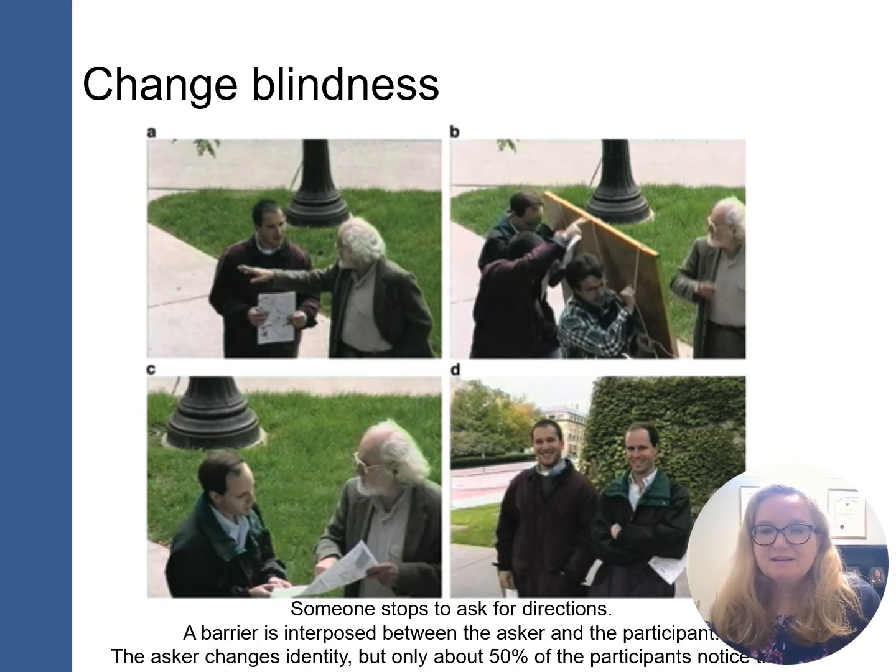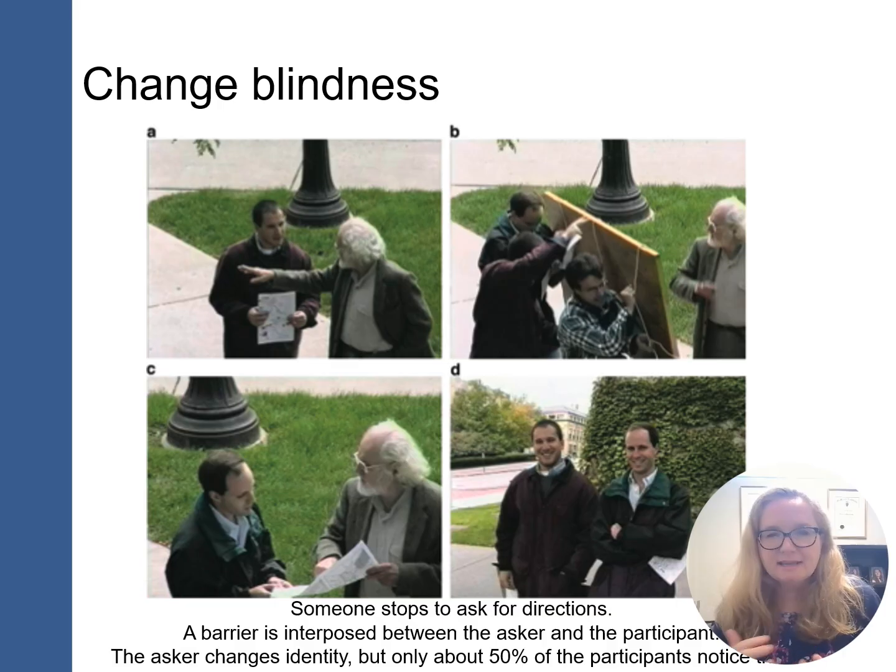Also, change blindness, those experiments are so fascinating for the same reason. So imagine that you're watching a scenario where someone is stopping to ask for directions. Okay, so a subject is interacting with somebody asking for directions.